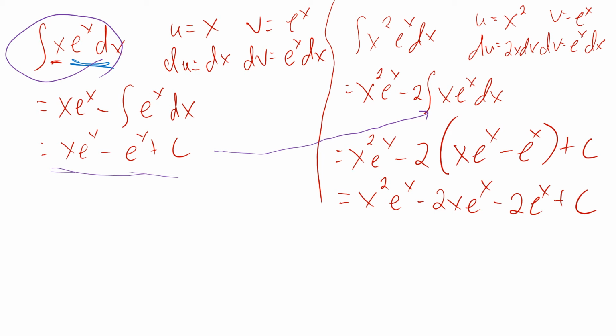So other things these problems could do is give you an initial condition where you could find c, no different than anything we've done in the past. We could do a definite integral.